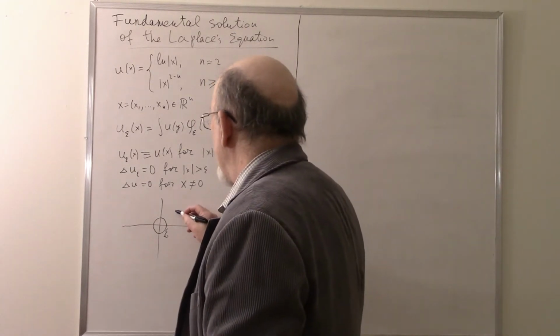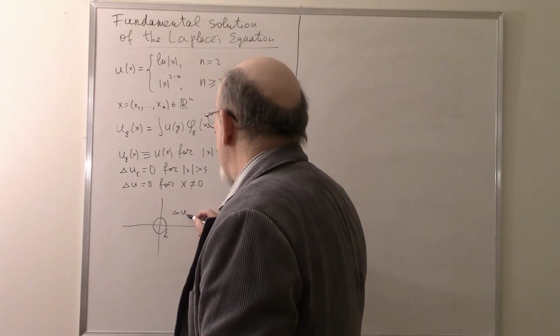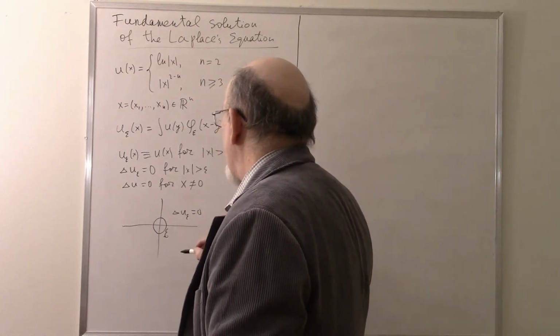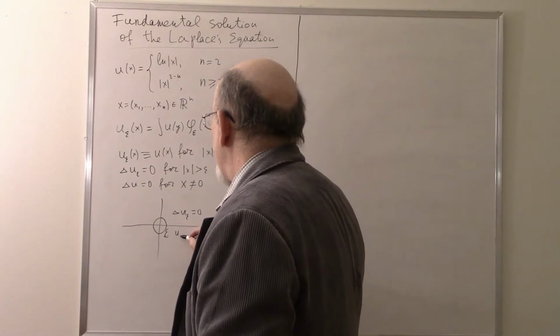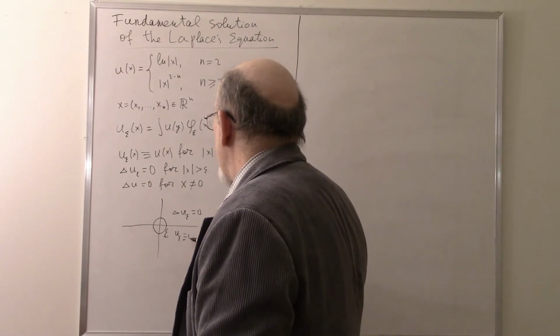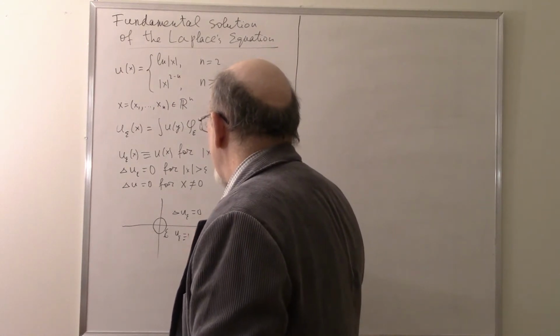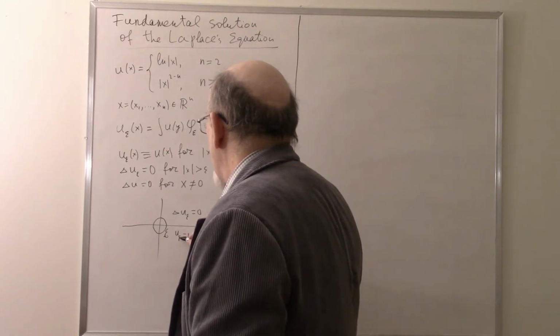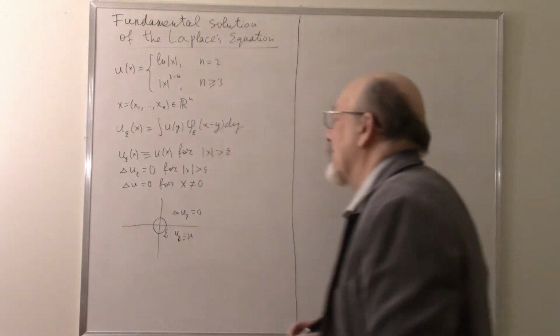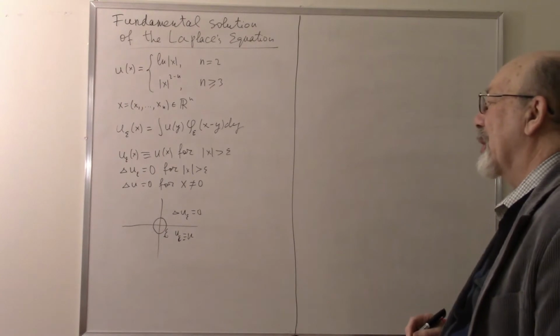So here Laplacian u epsilon equals 0, and u epsilon equals u outside this ball of radius epsilon.